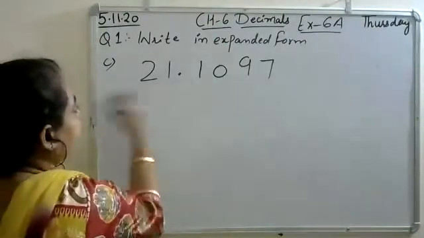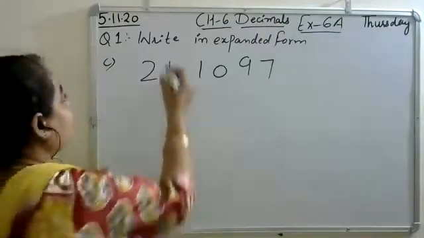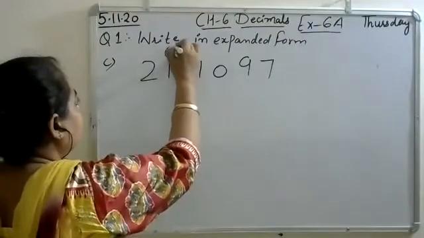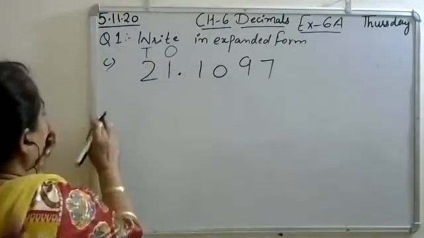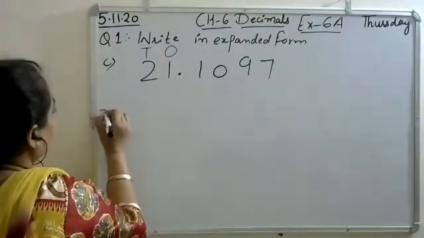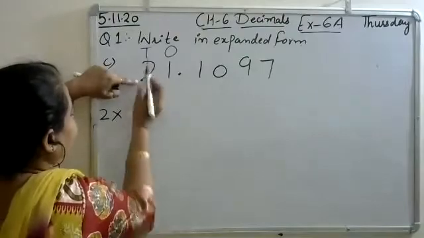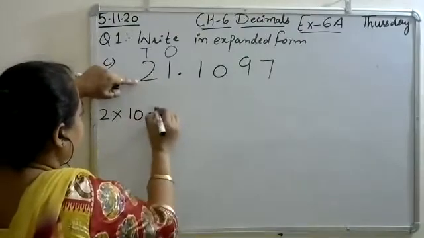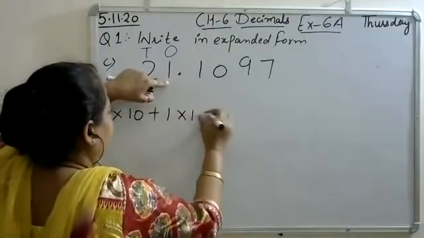On the left hand side of the decimal, we will use the Indian system. Indian system means this is ones and this is tens. So let's start. 2 multiplied by, what is the place of 2? Tens. 10 plus. This is 1 multiplied by 1 plus.